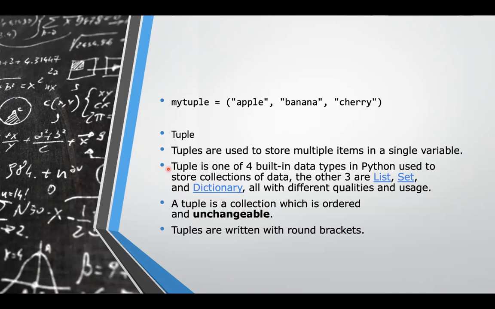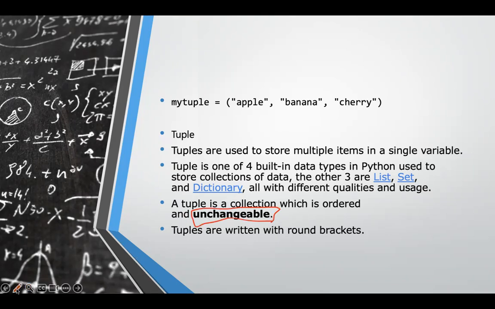A tuple is a collection which is ordered and unchangeable. We can change a list, but we cannot change a tuple. This is something unique about tuple: it is unchangeable. You might have an assessment where you're asked the qualities of tuple.